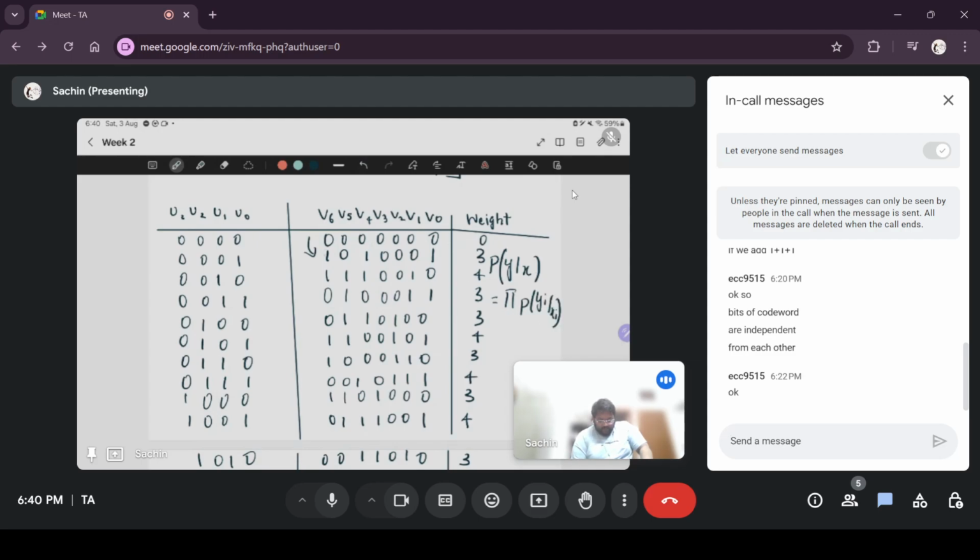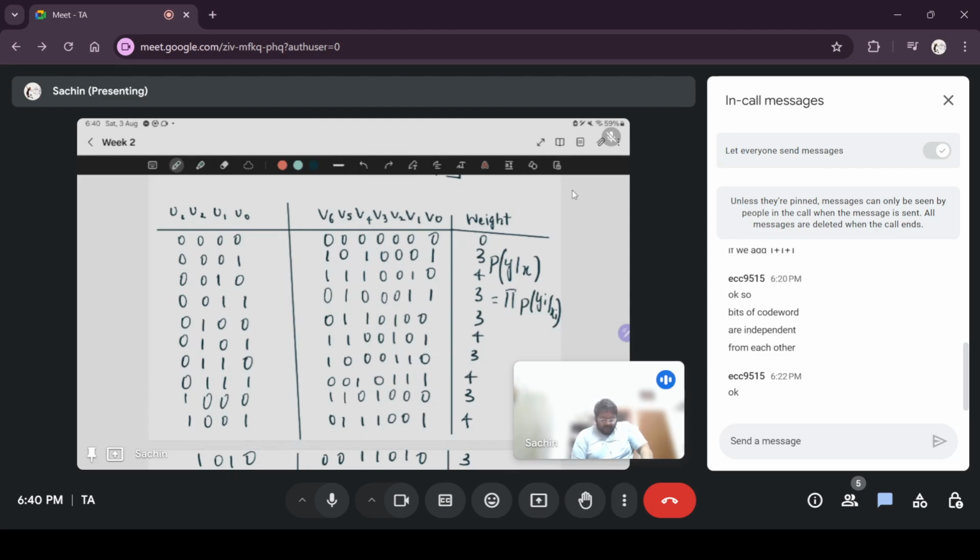That is, the probability that you received the code word 1010001 given that you sent the code word 0000000 is equal to the product of individual probabilities. That is, you send a 1 and you get a 0, into you send a 0 and get a 1, and so on.